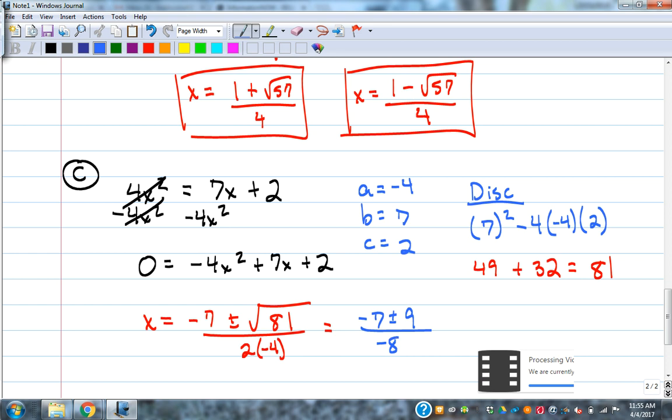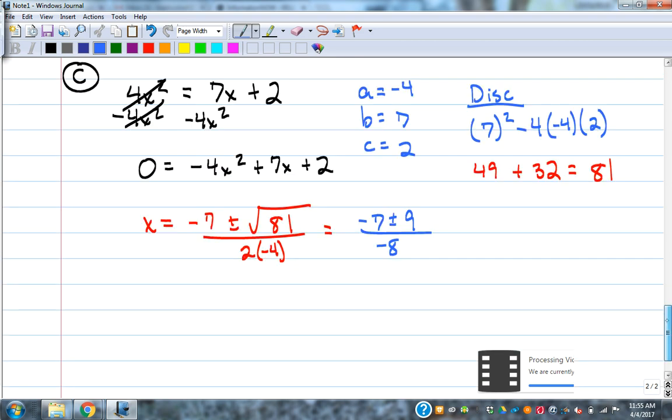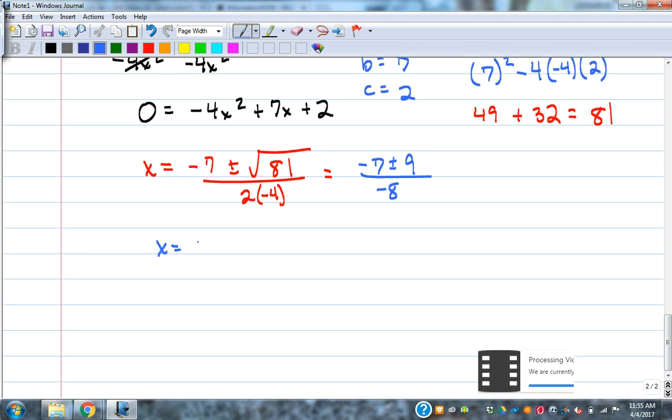Once we get to this step, we're ready to split it apart. Negative 7 plus 9 over negative 8. Negative 7 minus 9 over negative 8. And simplify each of those. So negative 7 plus 9 would be positive 2 over negative 8, which reduces to negative 1/4.